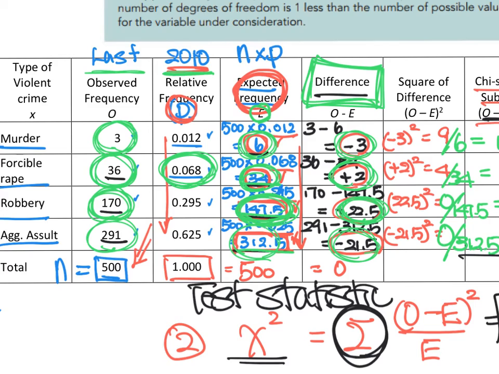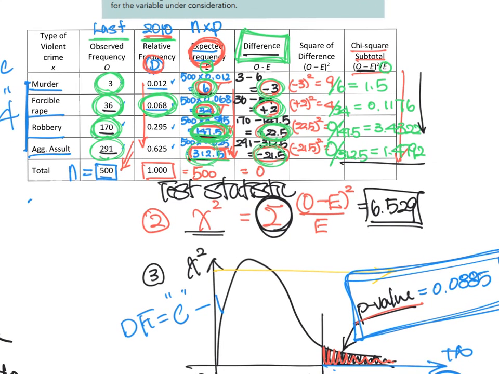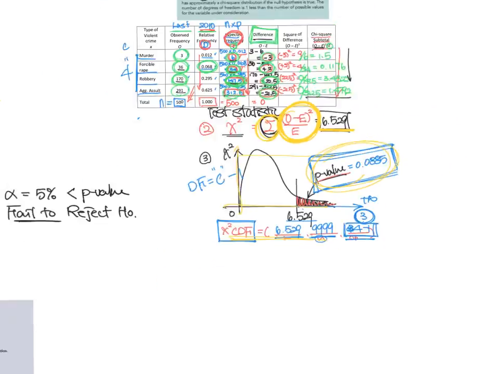But it's not just taking the difference between the observed and the expected one. We take the square, divide it by E, and sum up to get the test statistic, the chi-square. And based on the chi-square distribution, we got the p-value to make the decision, right? So these are the procedures.